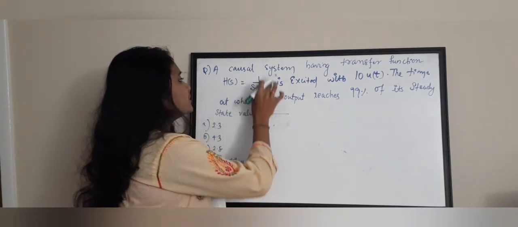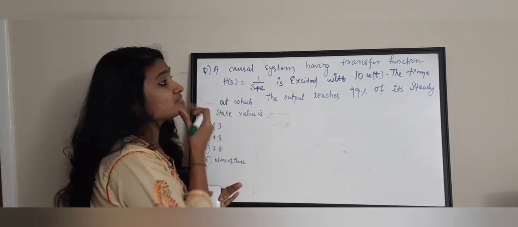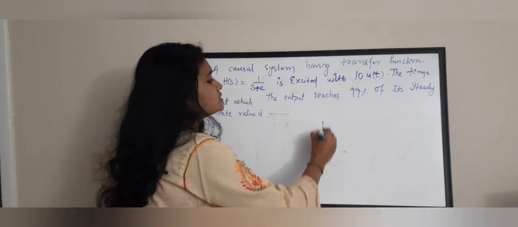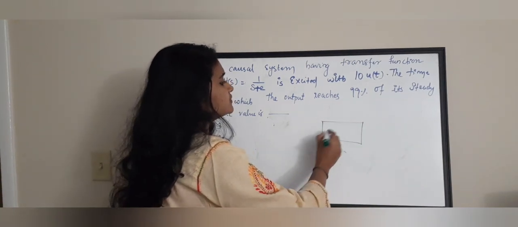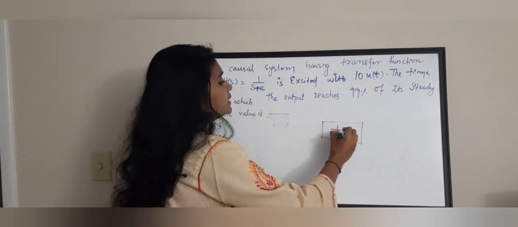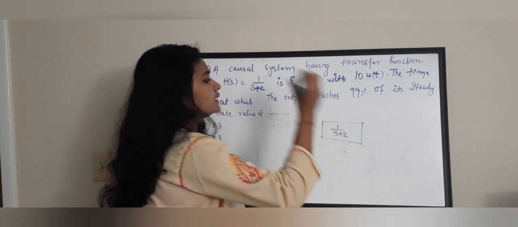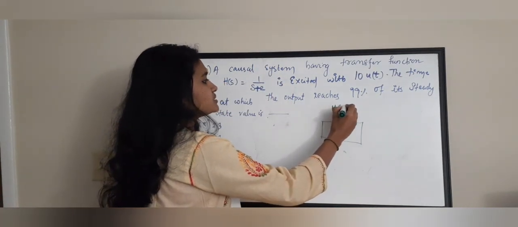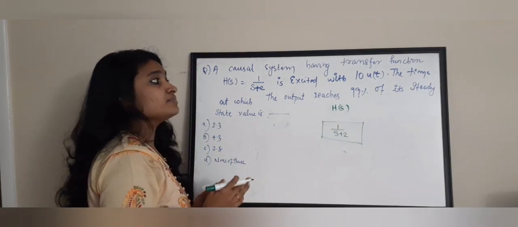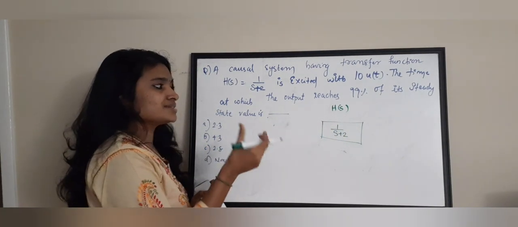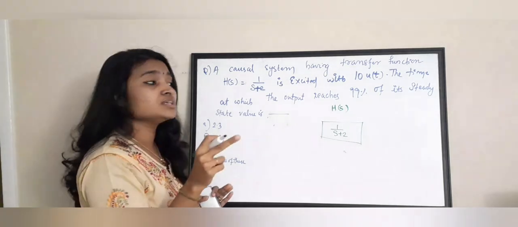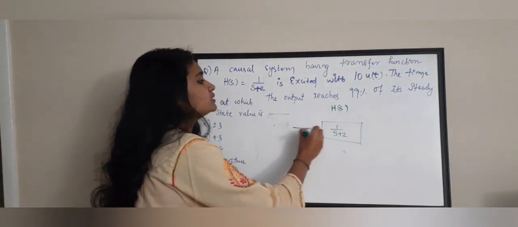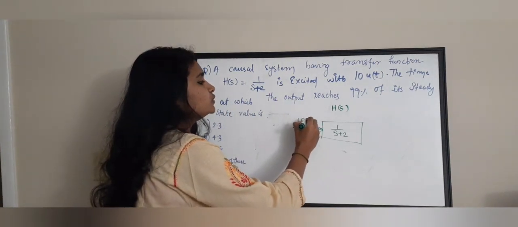Okay, you are given a causal system's transfer function. So the transfer function of a system is given, which is 1 by s plus 2, right? This is represented using H(s). Now you are given some input because the system is excited using an input 10 u(t).